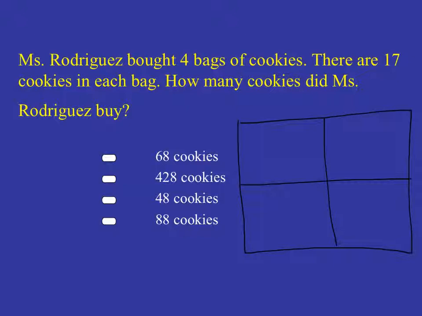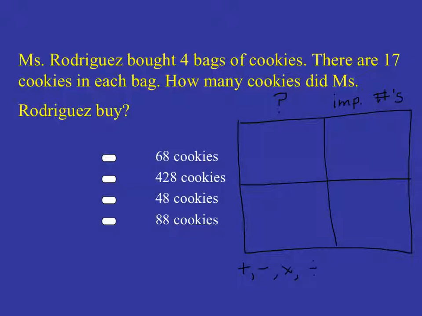Alright, in the top left box we're going to actually write the question that's being asked in the problem. In the top right box we're going to write any important numbers that are in the problem, even ones that may not be relevant, and we'll talk about that later, about extra information. The bottom left is the operation: addition, subtraction, multiplication, and division.